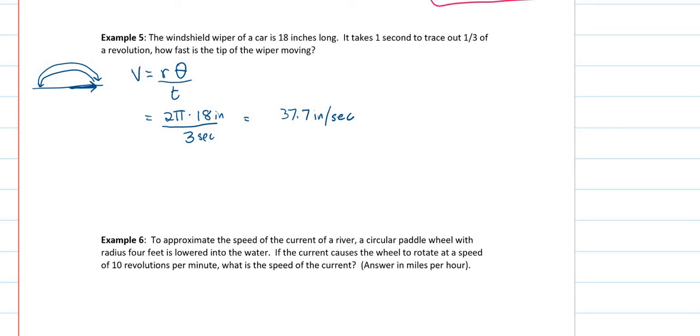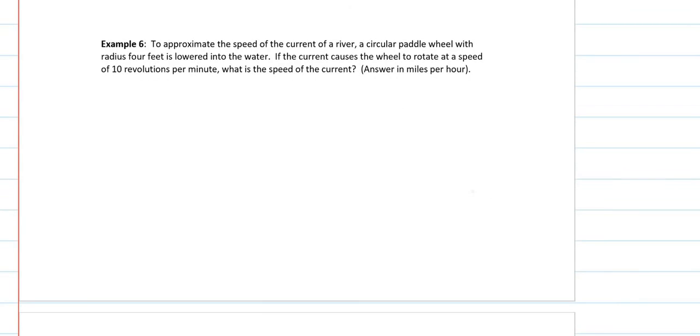That might seem really fast, but if you think about a windshield wiper, the part on the outside here has to travel a lot farther than any part that's on the inside here. So the outside of the circle is moving faster, technically, than the inside of the circle. So that's probably a reasonable answer. 37.7 inches per second.